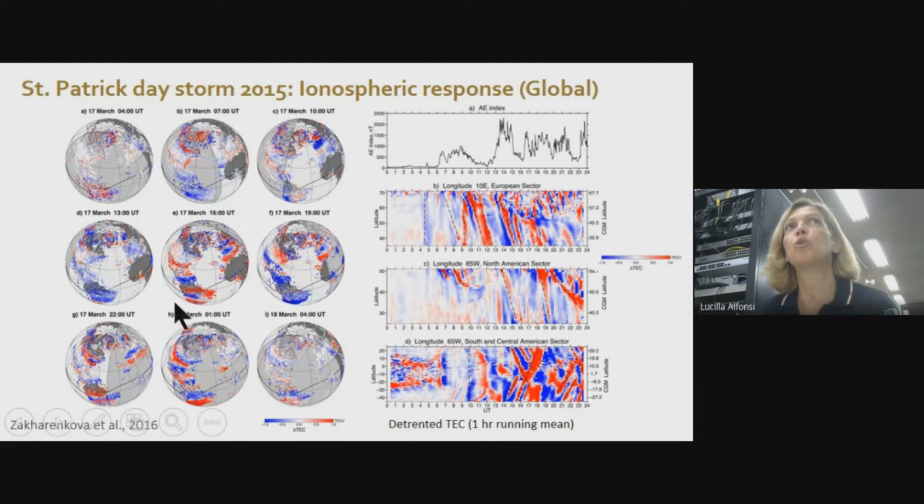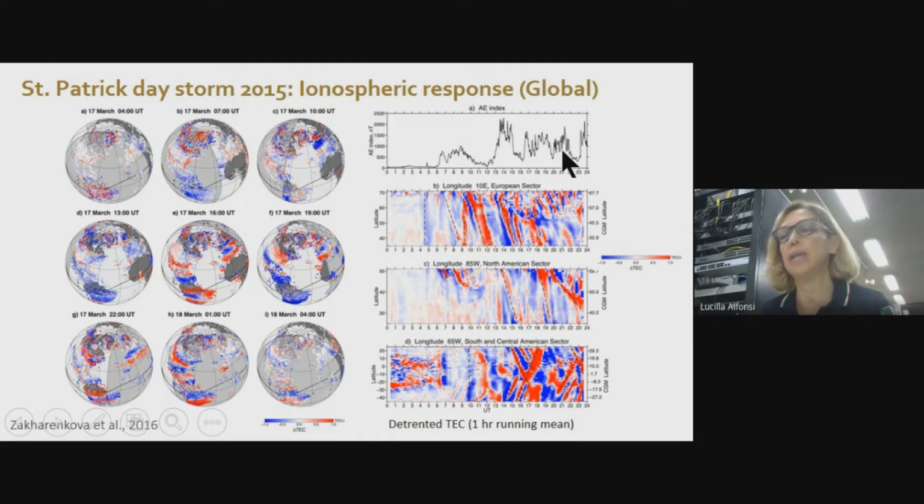I would like to draw your attention to this particular frame in which we have this very wave-like description of the electron density variation, in which you can recognize blue and red stripes alternating with one another, and then, slowly, from a very big enhancement in the negative and the positive phase, a slow recovery to the normal, to the reference condition.